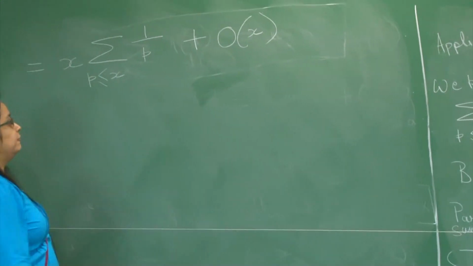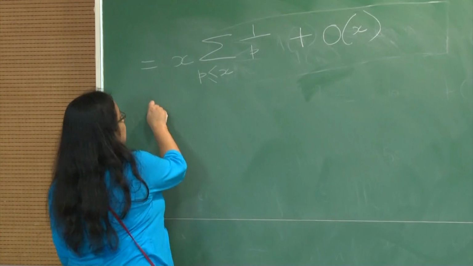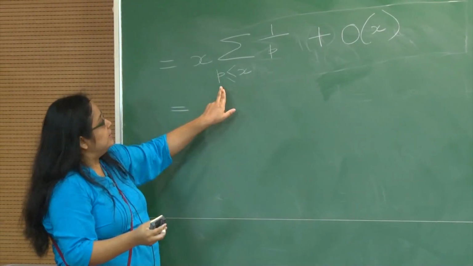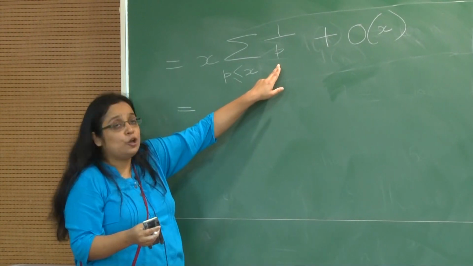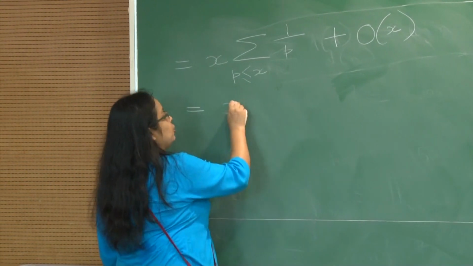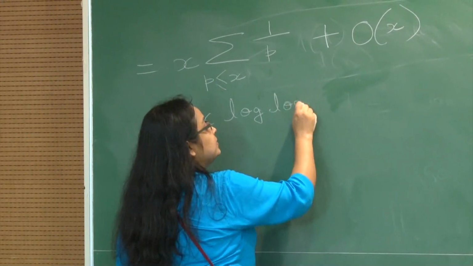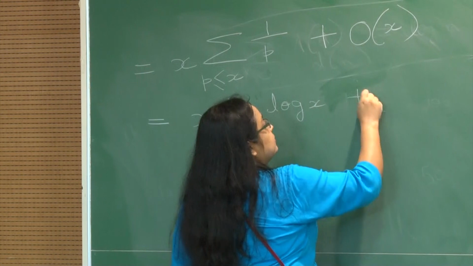So, a rough estimate of this form will be sufficient for us. But then you just learned that this sum here is log log x plus O of 1, which you multiply by x. So, overall you end up getting x log log x plus O of x.